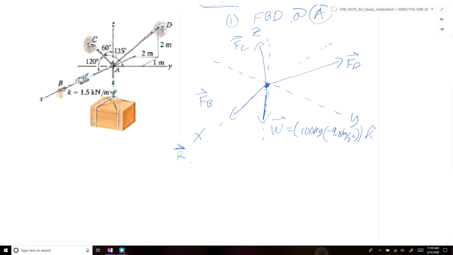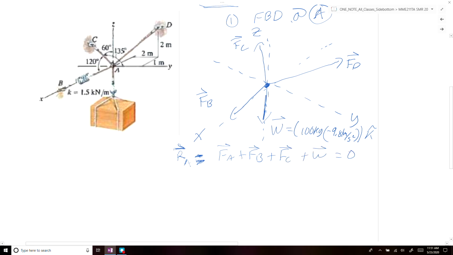So the sum of all of our forces at point A is going to be equal to FA plus FB plus FC plus our weight, and we're going to set that equal to 0.